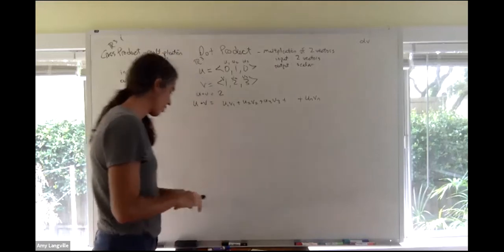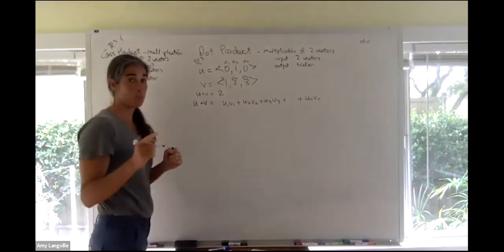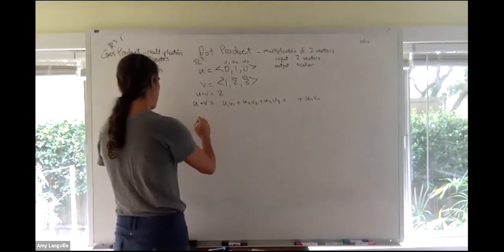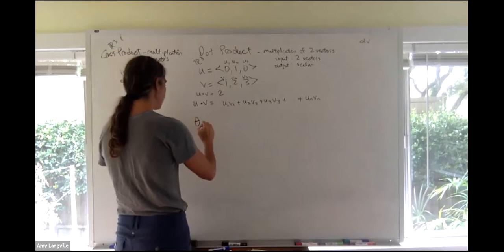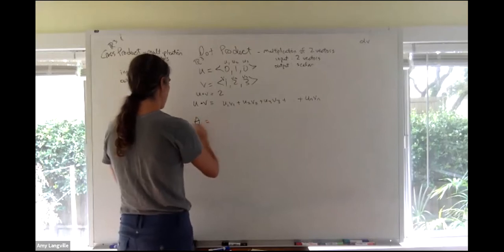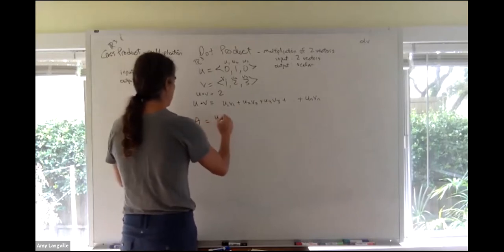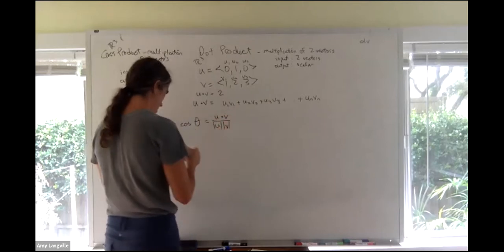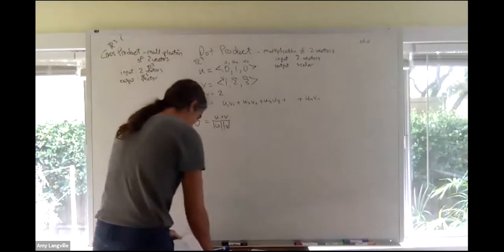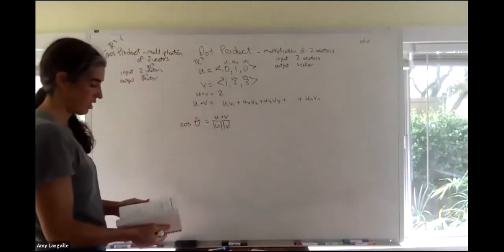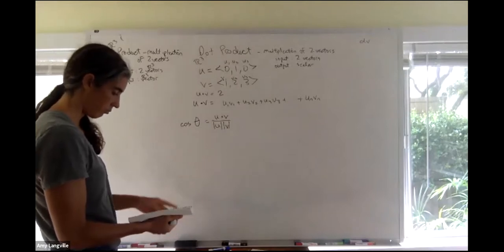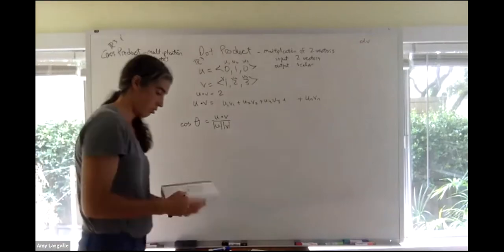And why is that the case? Well, also from chapter 1 of book 3, we have this property about the angle between two vectors. We saw this formula briefly in the beginning of book 3, and I just want to point it out again. We have a box here.